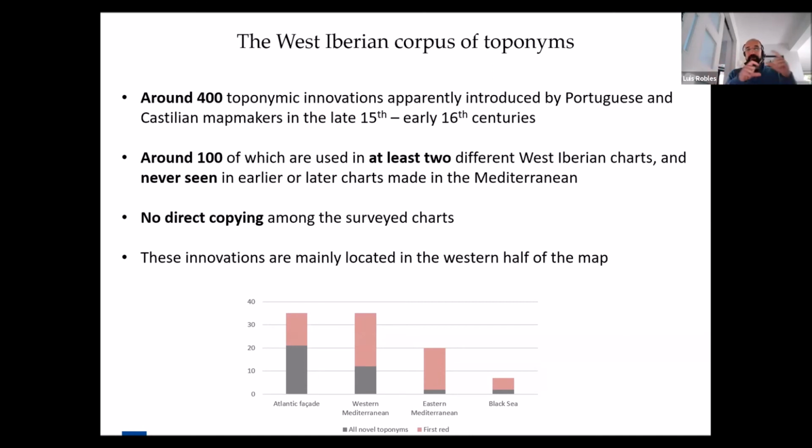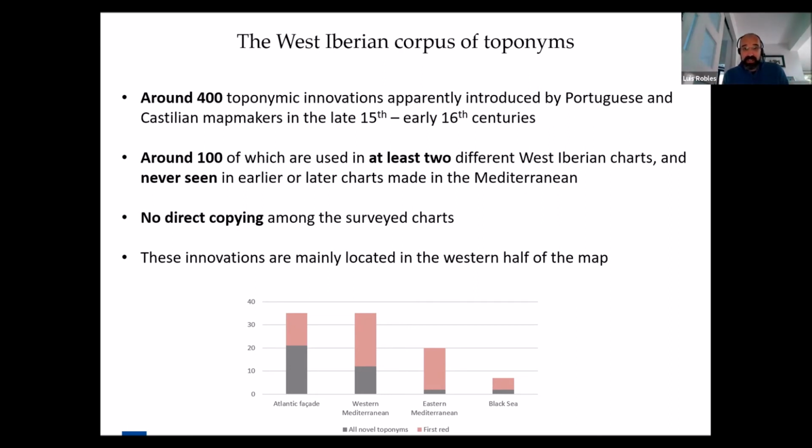There are always several toponyms that are missing in one, the later one adds new things, and then a toponym disappears for 20 years and resurfaces later. So there is no way to build a stemma of charts based on these toponyms. It all looks as if they somehow feed on a common corpus. As I said, I'm at a loss to explain exactly how that was embodied.